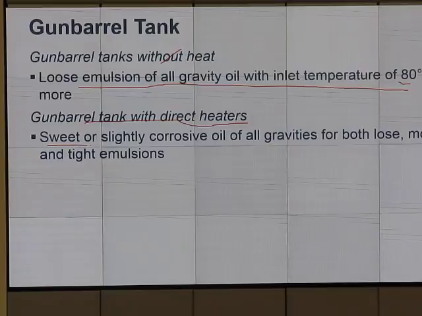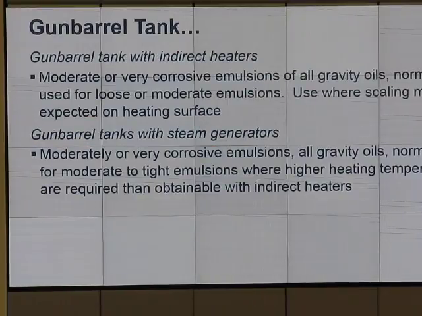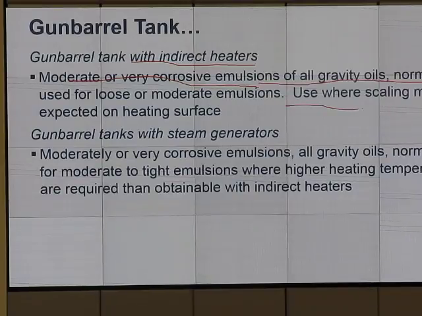Use it for sweet, not very corrosive oil, with loose, moderate, or tight emulsion. For the case that you have very corrosive oil, Silvas also sells you an indirect heater. This is for all gravity oil, normally for loose and moderate emulsion. You may have scaling over the heating surface.